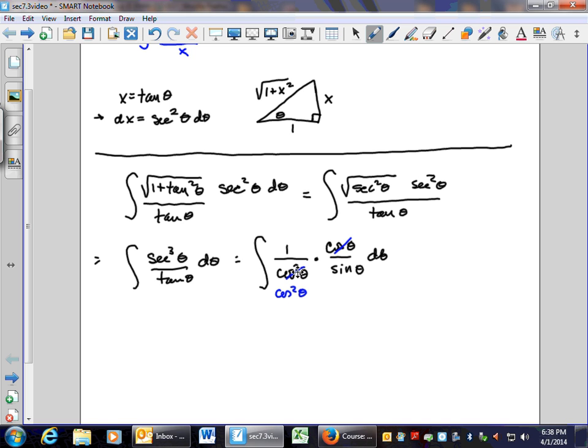Okay, so we'll have 1 over the cosine squared times 1 over the sine. And if we go back to our cofunctions, or not really the cofunctions, so 1 over the cosine squared is the secant squared, and 1 over the sine is the cosecant.